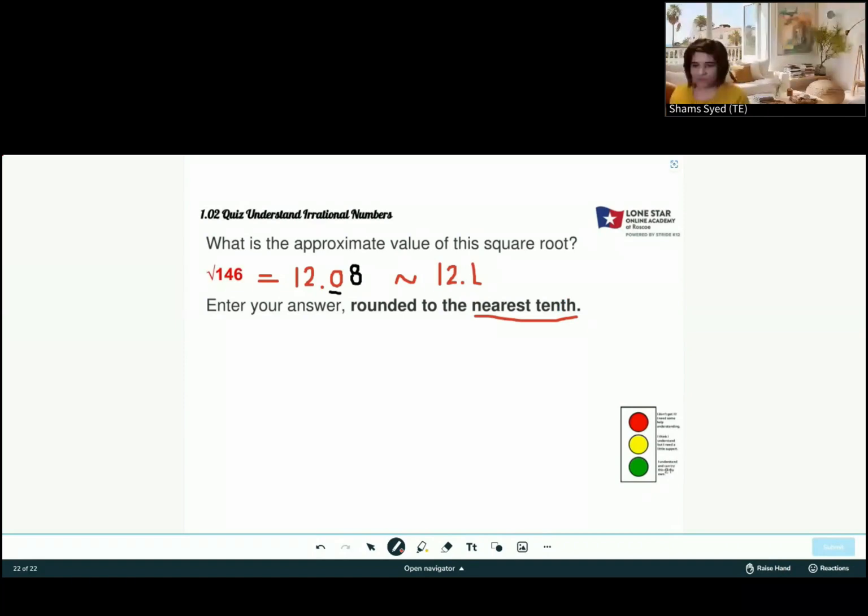Are there any questions? At this time, I will also share with you guys the link to the self-paced Nearpod for this quiz. If you feel like you missed some of the questions when I was going over them, because I am a little bit faster than what you guys did, do it here in the self-paced.